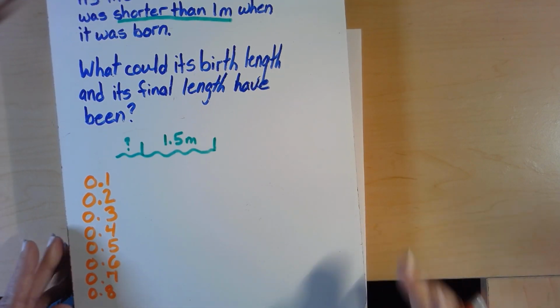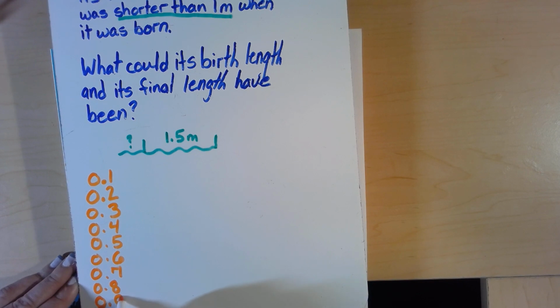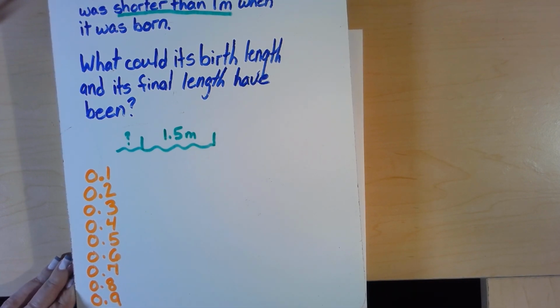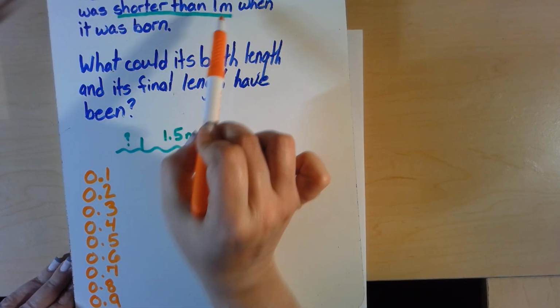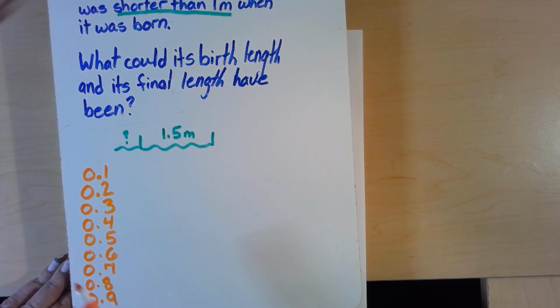What else can I have? 0.9. So a snake, if it was born shorter than a meter, could have been 0.1, 0.2, 0.3, 0.4, 0.5, 0.6, 0.7, 0.8, or 0.9 meters.